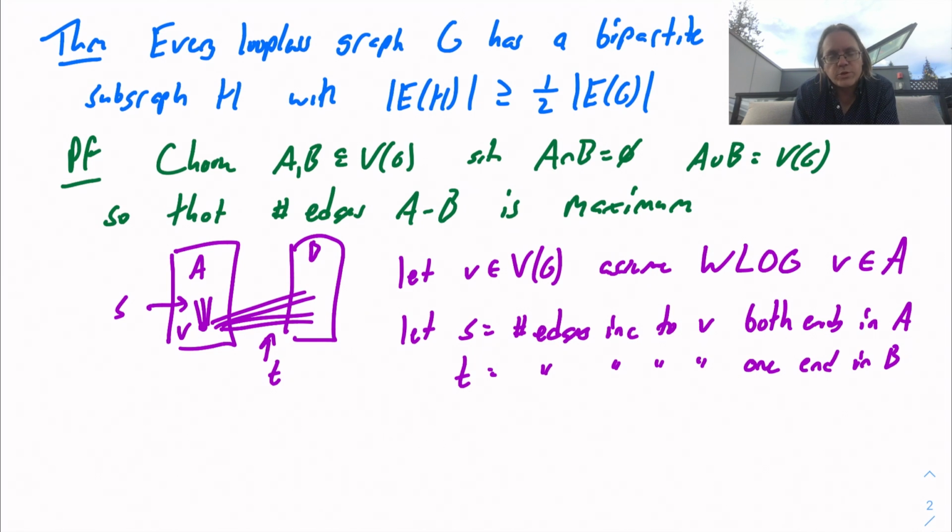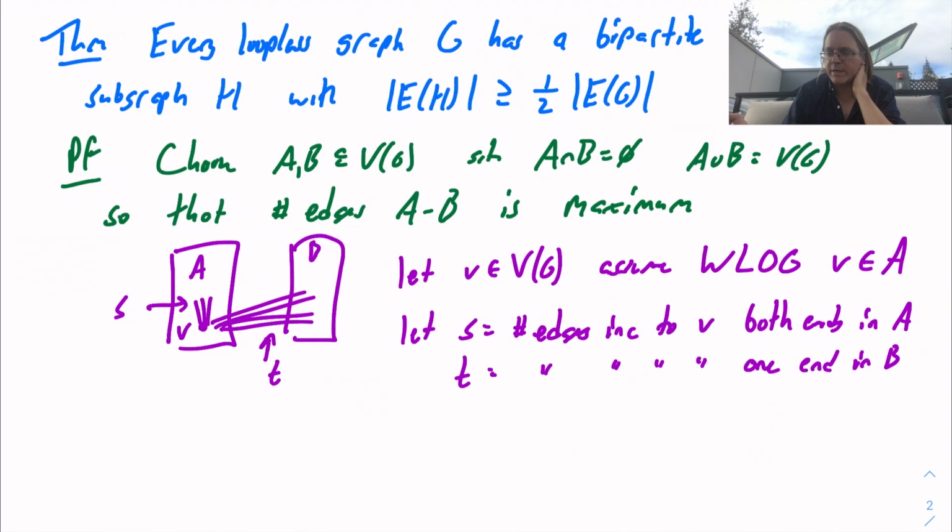What we're recognizing here is that if you take the vertex V and send it to the other side, we can tell the effect of that on the number of edges between A and B, right? Because our pair A, B was chosen to maximize the number of edges between A and B, I know that in this case T is going to be greater than or equal to S.